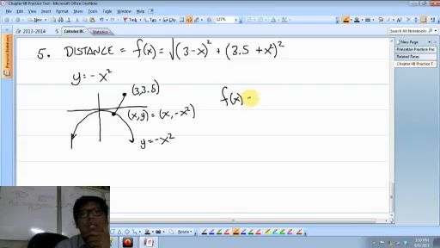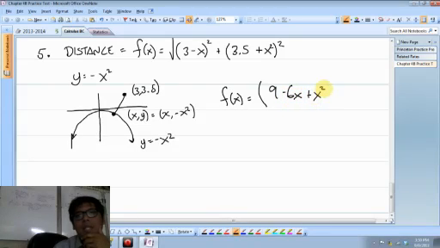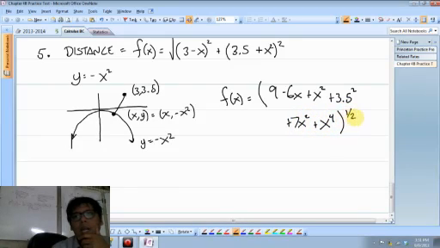So f of x is equal to 9 minus 6x plus x squared plus 3.5 squared plus 7x squared plus x to the 4th power, all to the 1/2 power.